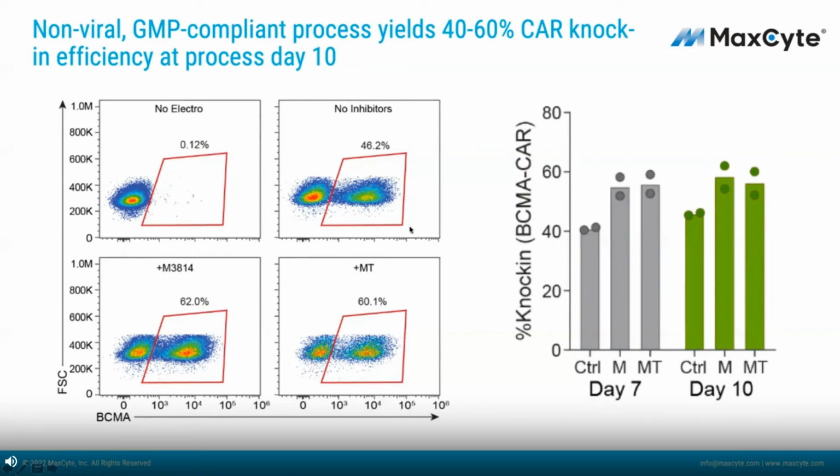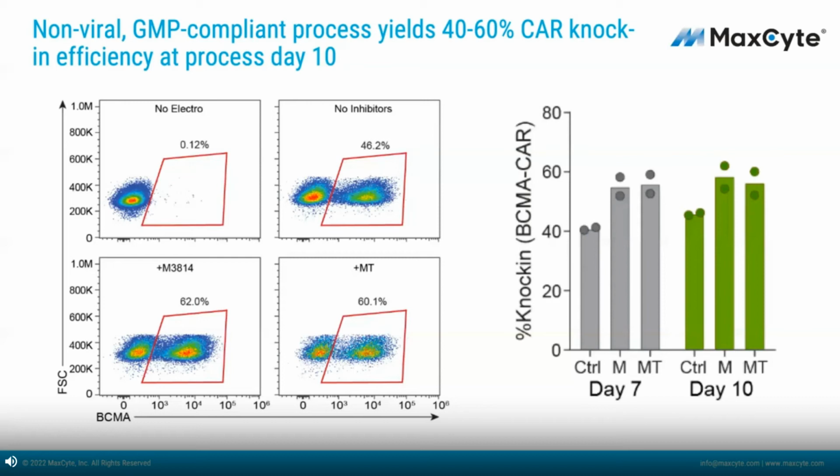So previously at the small scale, it's typically around 30 to 40% for the BCMA positivity through the non-viral CRISPR knock-in. Now, in the setting where we're just using the ssCTS template with no additional small molecule inhibitors, at the clinical scale, we were able to achieve up to 46% knock-in efficiency in primary T cells at day 10, end of the process.